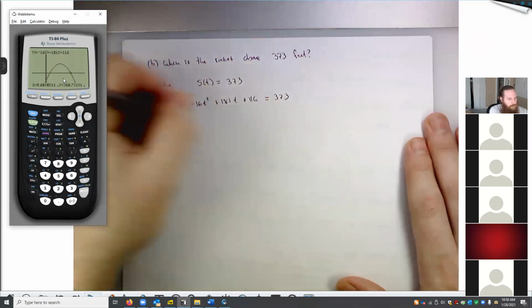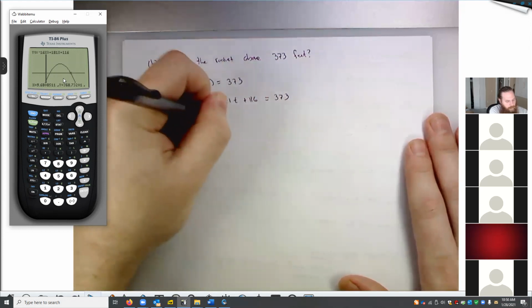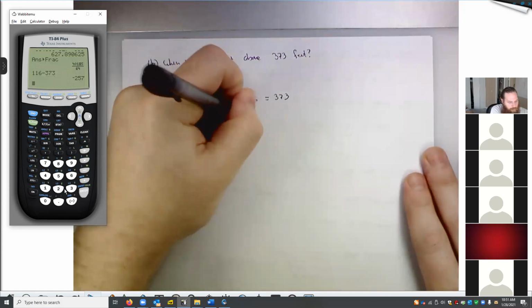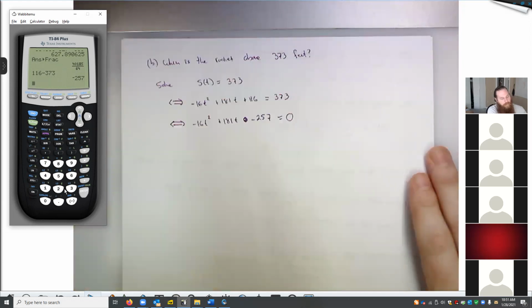We'll subtract over the 373, and I'll get negative 16t squared plus 181t plus 116 minus 373. Again, I'll use the calculator here. And we'll get negative 257. Sorry, minus 257 equals 0.